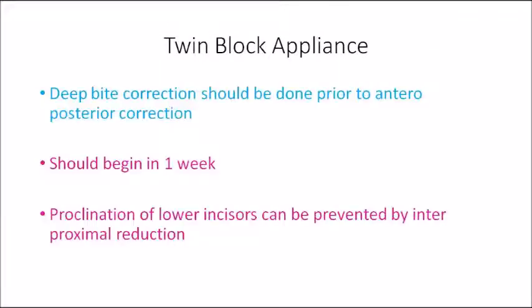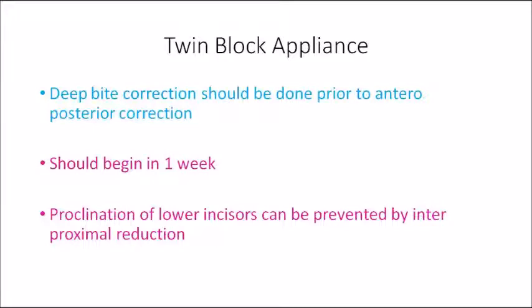Now, certain clinical considerations with regard to the twin block appliance are extremely important from an exam point of view. The twin block is indicated in persons who have class 2 skeletal malocclusions with a severe mandibular protrusion. They are the ideal patients for a twin block appliance with a horizontal growth pattern.